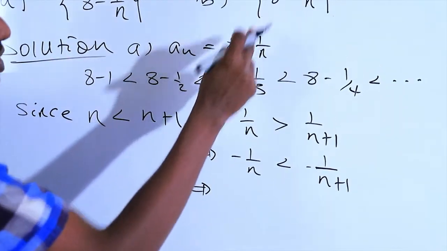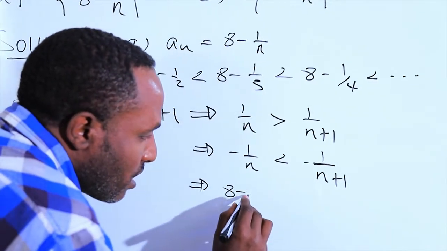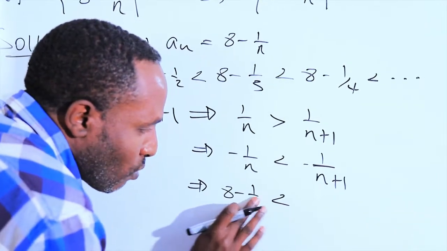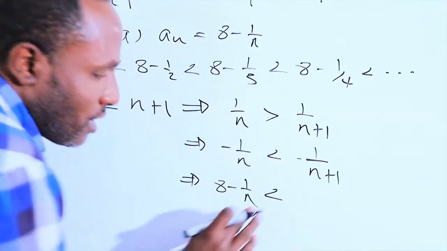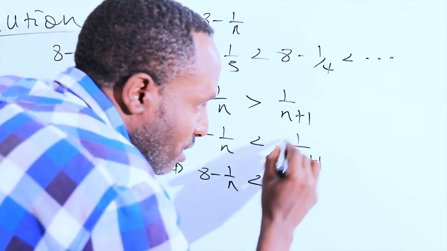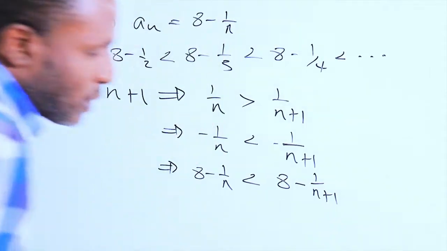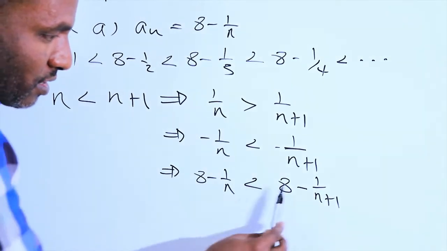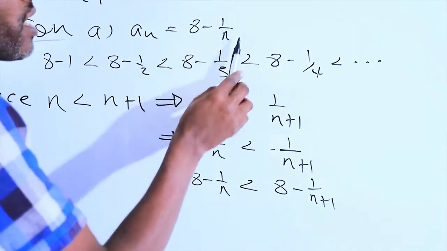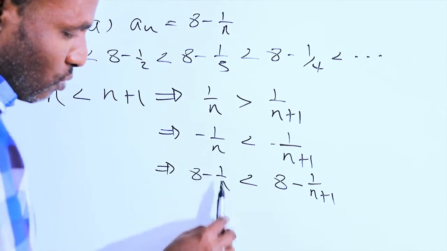From this we can simplify. For the sequence 8 minus 1 over n, 8 minus 1 over n is strictly less than 8 minus 1 over n plus 1. Nothing is done here, simply adding a constant number, 8, to both sides.